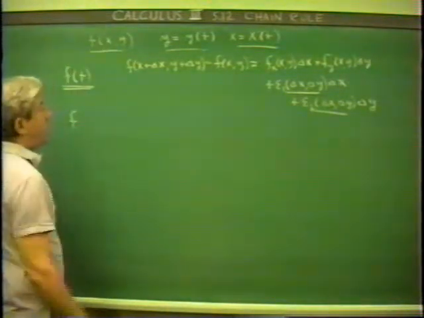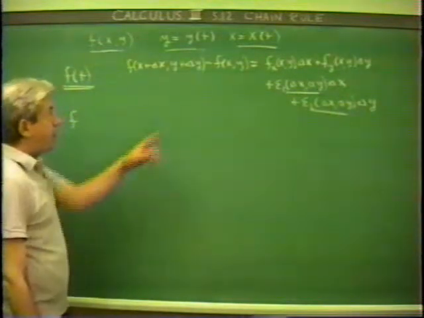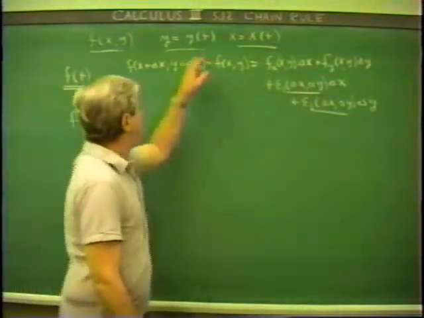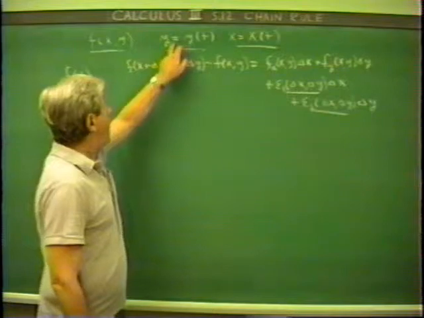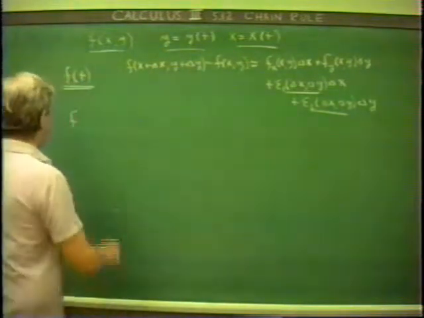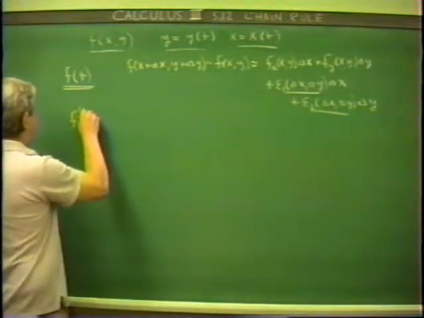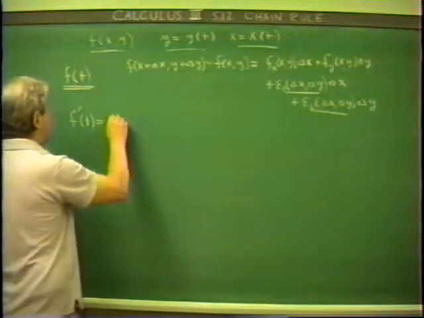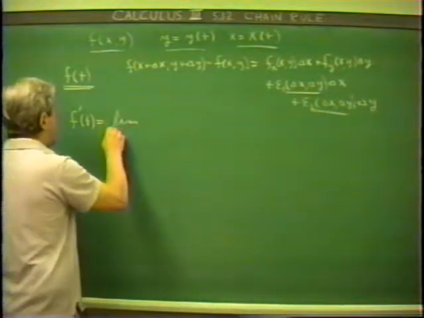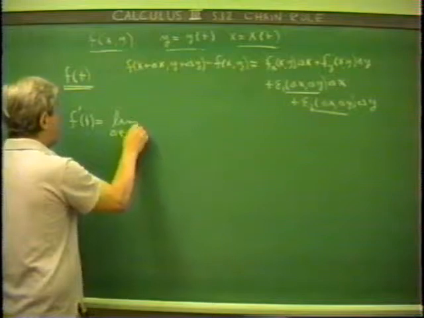Now, we've got this function f of t defined by this composition here, and we want to take a look at the derivative. We're assuming that the function f has got partial derivatives here like so, and that the function y is differentiable and the function x is differentiable.